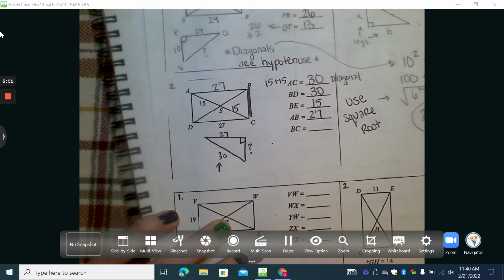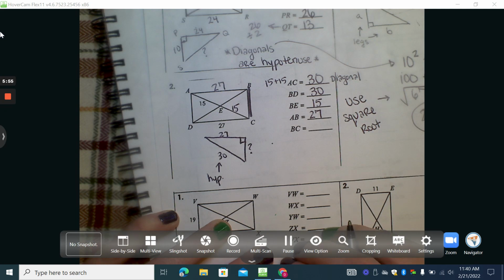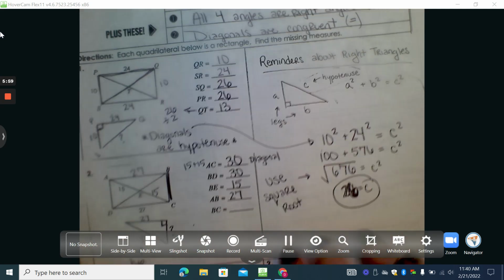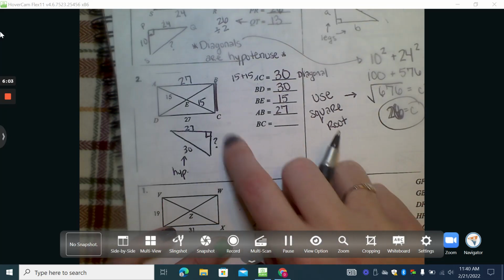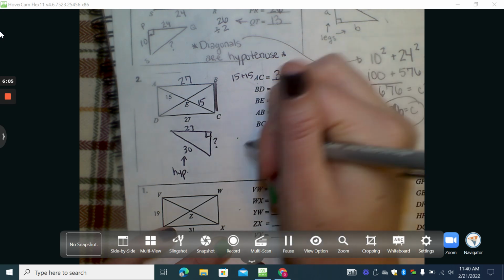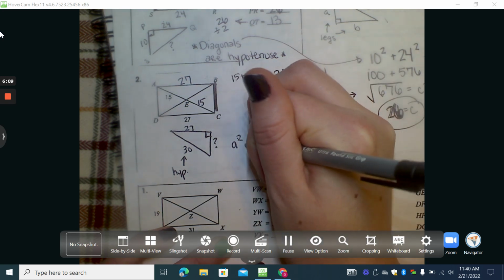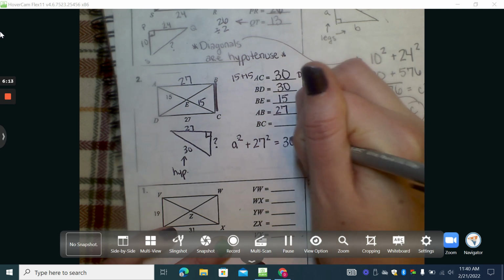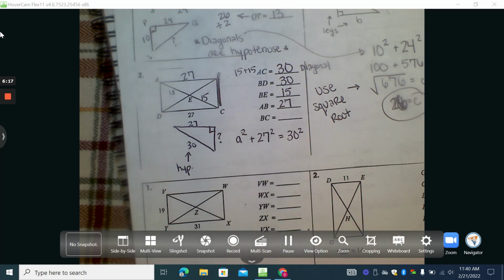Remember, your diagonal is your hypotenuse. So let's set up an equation for this one, again using a squared plus b squared equals c squared. But this time I'm missing one of my legs. I don't know what a squared is, but I know my other leg is 27 and my hypotenuse is 30.